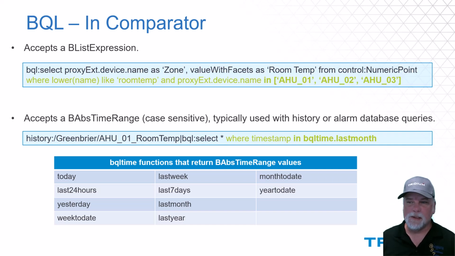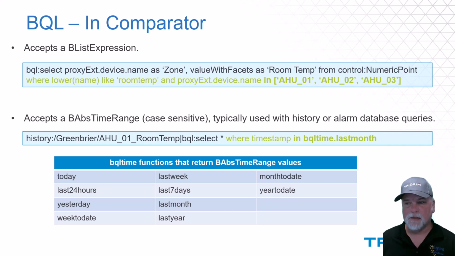The other place that you'll see the in keyword used oftentimes is when comparing timestamps. If I'm doing a history query and I get back all the records from the database, then I might want to limit the results to just a specific time range. There's a class called BQL time, and it has functions that you can call which return BAbs time range values.